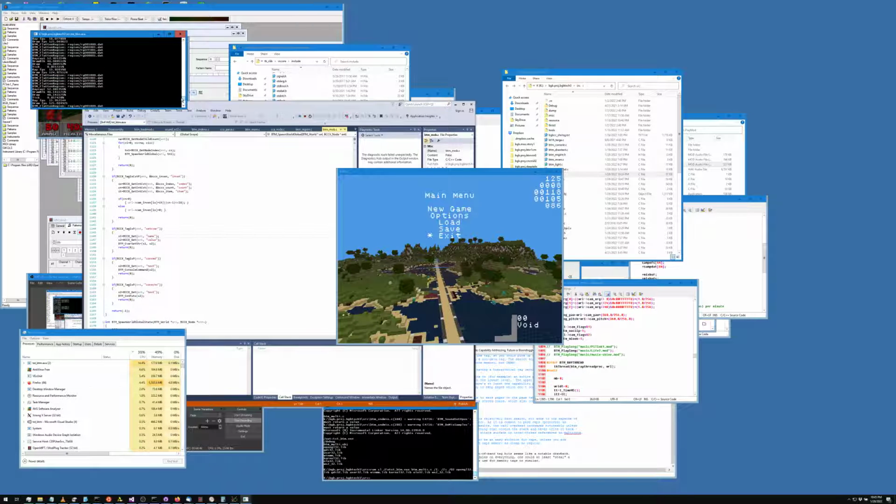I'll see if I can find the stats for the heap. So it looks like about 12 megs for the main voxel terrain system, and an additional around 5 megs for a lot of other buffers.